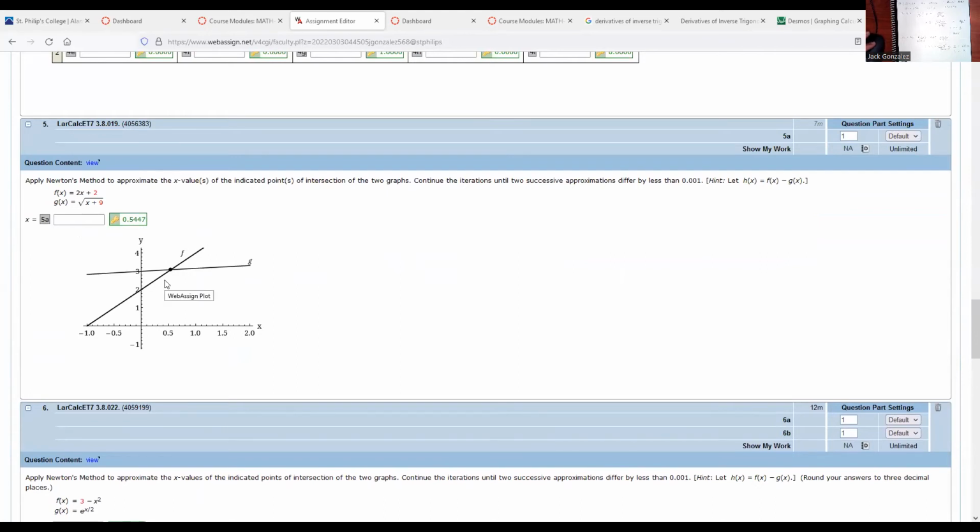So instead of finding a 0, they want you to find an intersection. So what you would do is set them equal to each other, and then set them equal to 0. So subtract them, and that'll be your f. So it's the hint right here. You're going to be using this to do the minus and use that as your H or your f function. You know how before we had some f there, they gave us x squared minus 5, right?